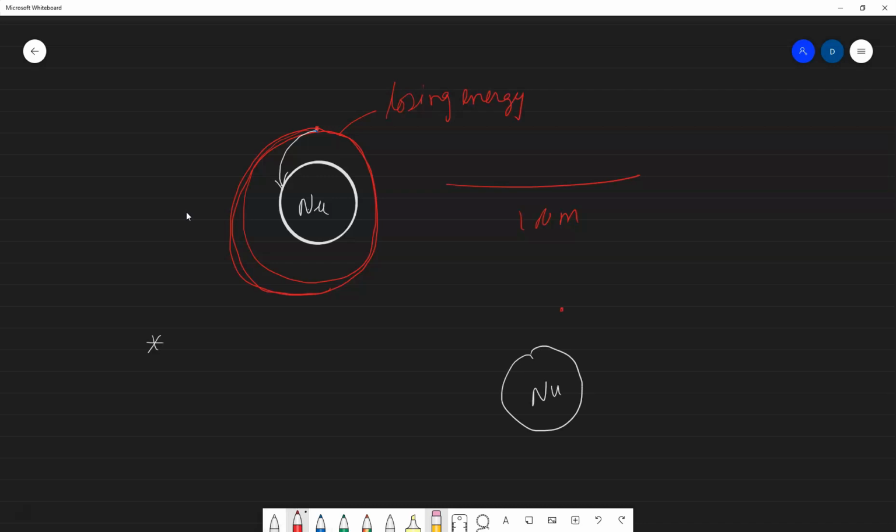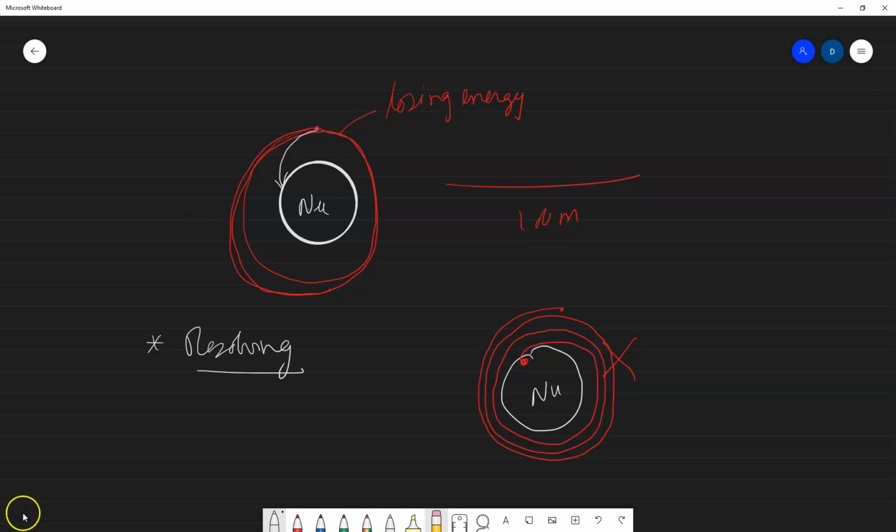It will be going round and round. After some time, when it loses energy, it will go in circles nearer to the nucleus, and eventually it has to fall into the nucleus. This doesn't happen. So when somebody says revolving around the nucleus, it is not 100% accurate.